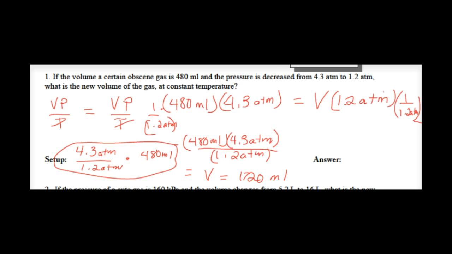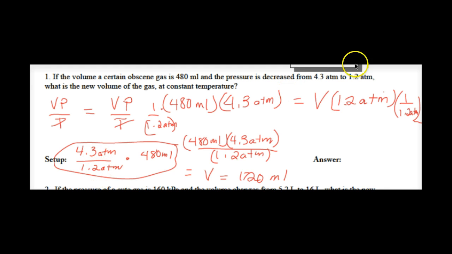And just to make sure that everything we spent time discussing earlier about the relationship, that idea that if you double the pressure, you halve the volume. So if we look at this, 1.2 atmospheres compared to 4.3 is about 3.5 times smaller.